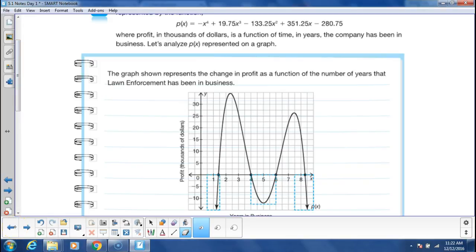All right, what did you guys come up with? What you got, Andrew? So what else did you guys come up with about P of X? We said that there was one absolute maximum. Okay, what else did you come up with? Okay, keep going.